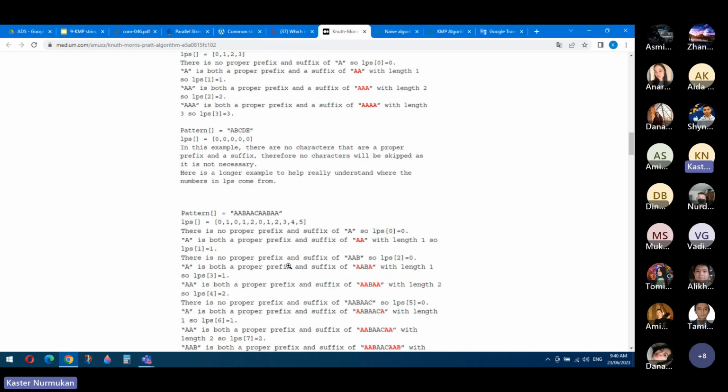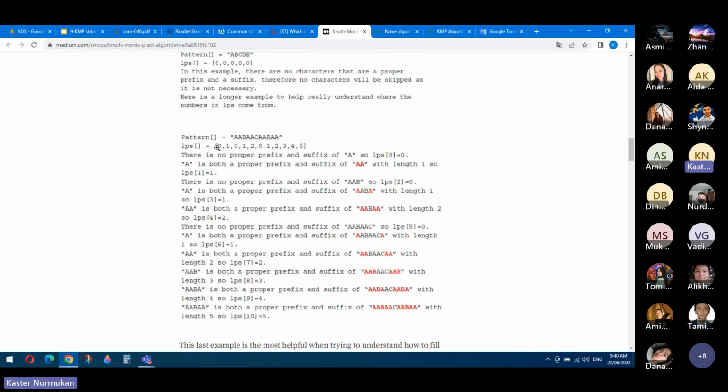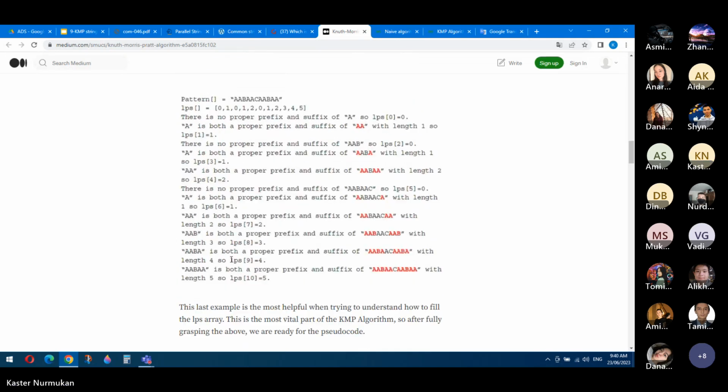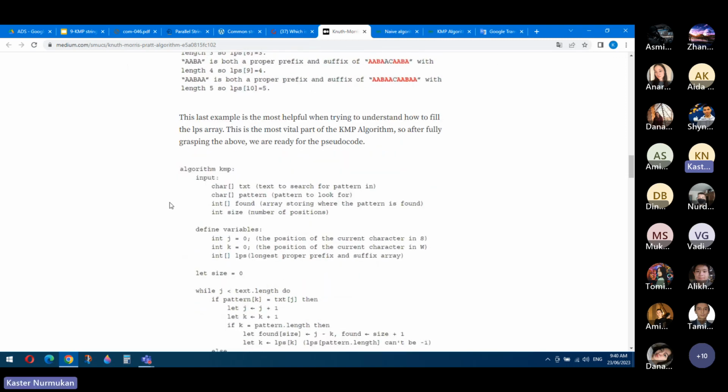So they create this kind of LPS. Why is it increasing, right? So that's the explanation of how they created 1 0 1 0 0 1 0 1 0 1 2, and after that 1 2 3 4 5 6, because as long as it didn't appear for the first time, as long as they didn't reset back, it keeps growing.